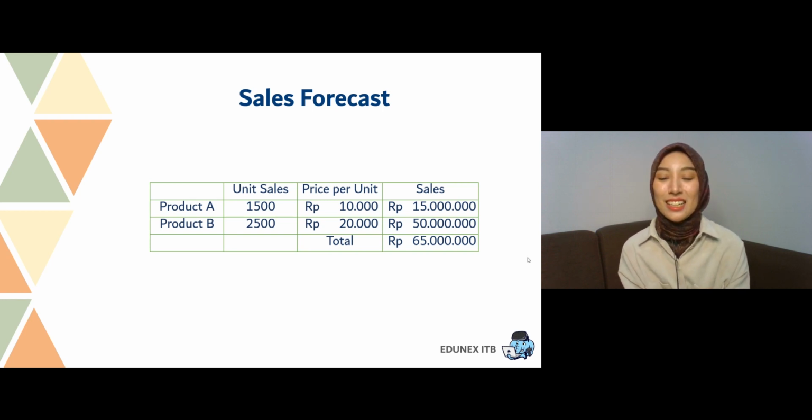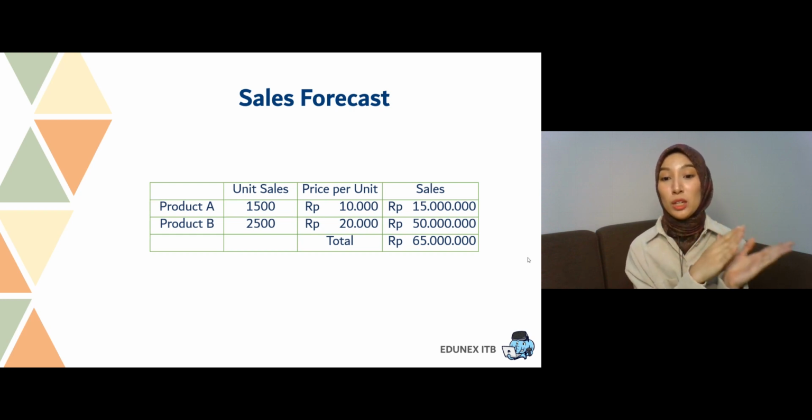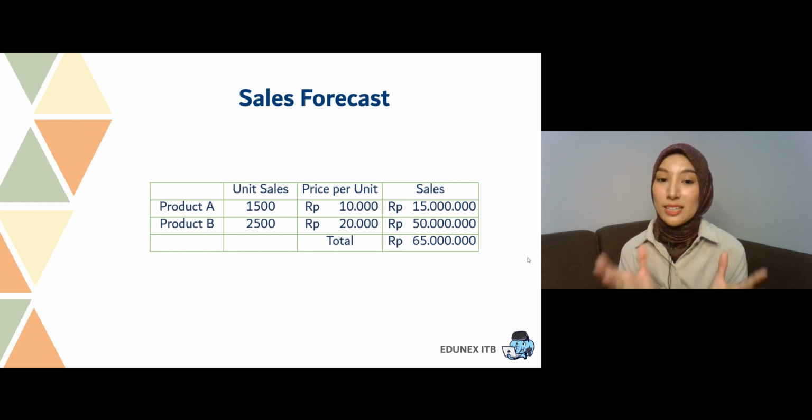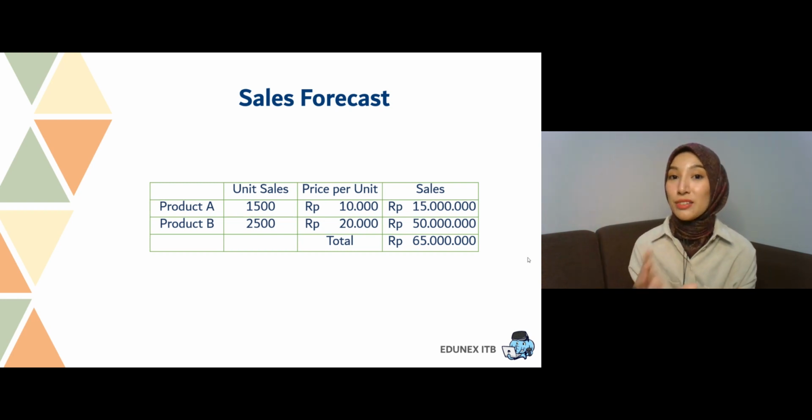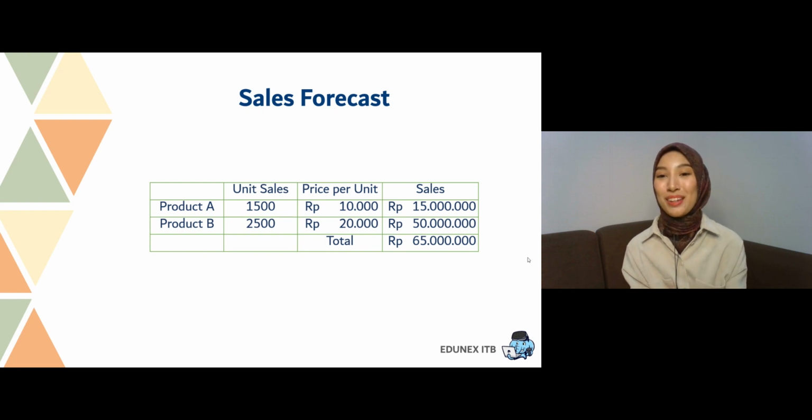The sales for product A and product B we get from the unit sales multiplied by price per unit. For example, product A's total sales is 15 million rupiah, and product B is 50 million rupiah. So in total, we have the sales forecast for the next period of around 65 million rupiah.